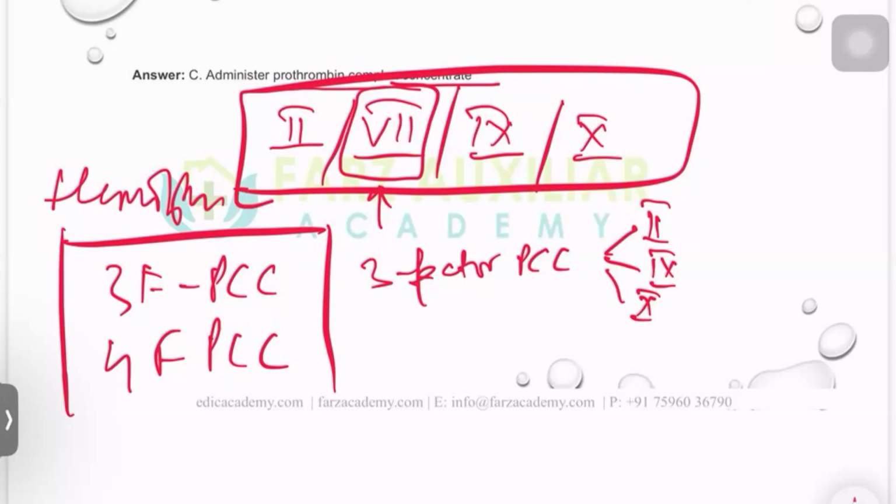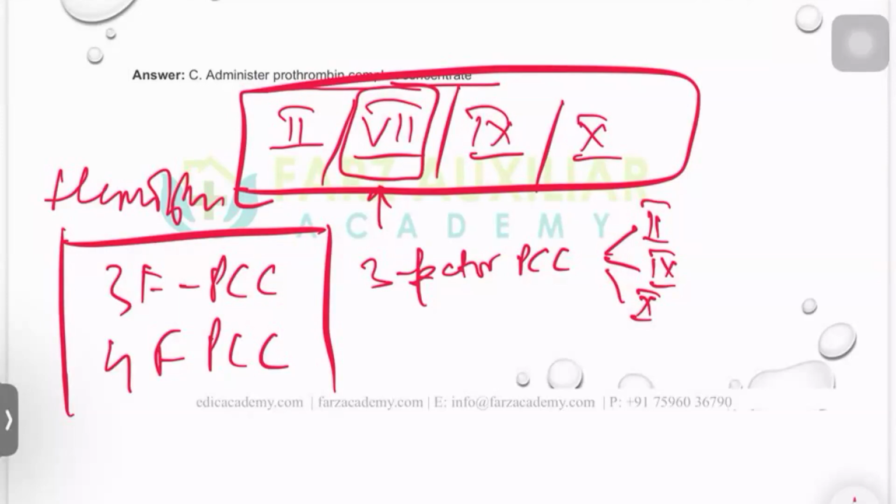Factor 9 is deficient. So all you need to do is give 3-factor PCC because it has 2, 9, 10, and you only need 9. You don't even need 2 and 10. So you can leave it because these are not routine drugs which are available over the counter. Sometimes in the middle of the night, a patient with a vitamin K antagonist related bleed can come. He will need 4-factor PCC. Okay.